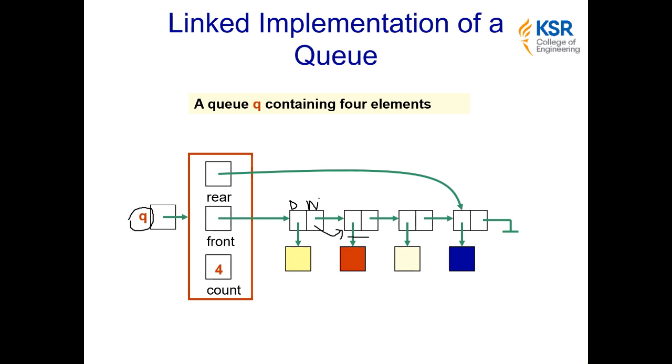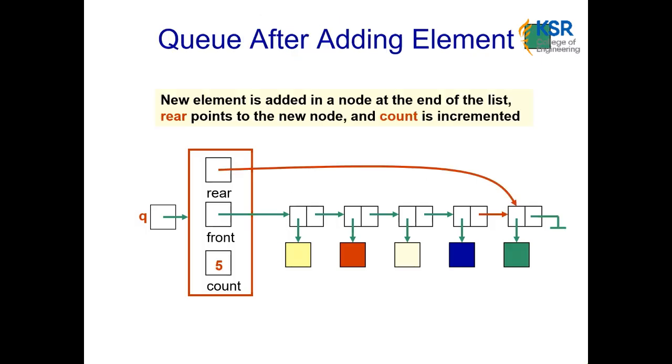If you are going to add an element, it will be in the last position. If you are going to delete any element, that is the dequeue of a queue, the yellow will be deleted first from the queue.